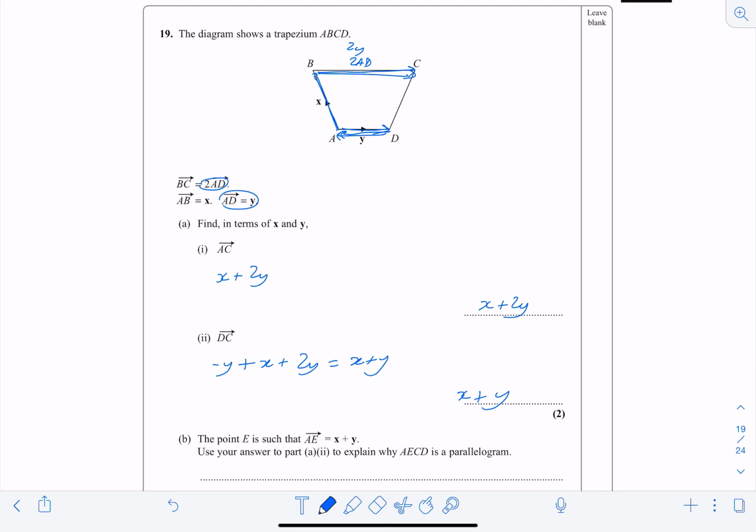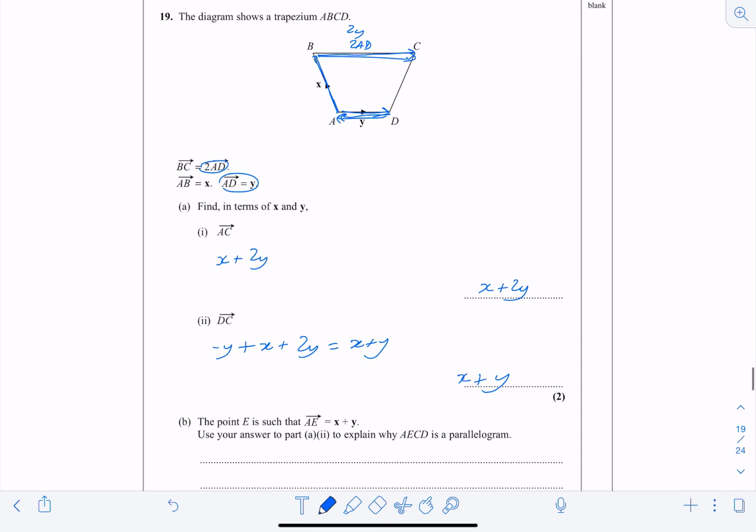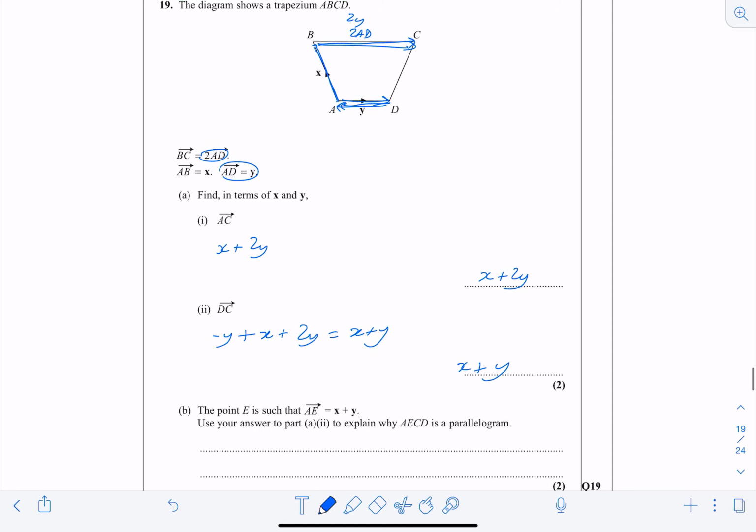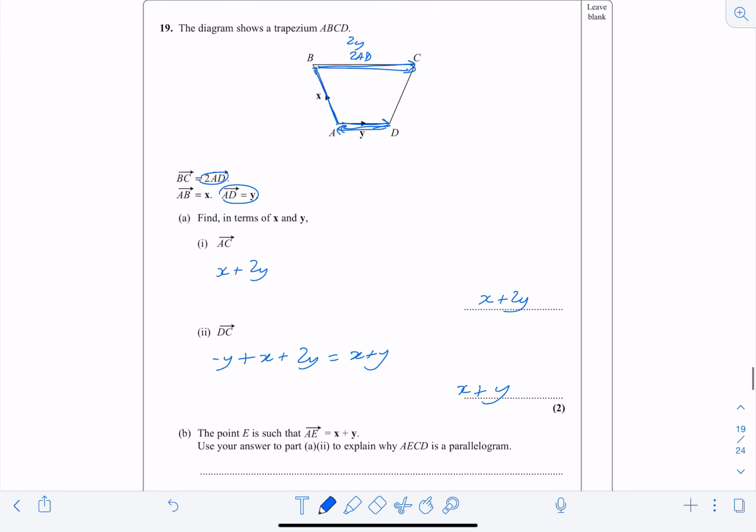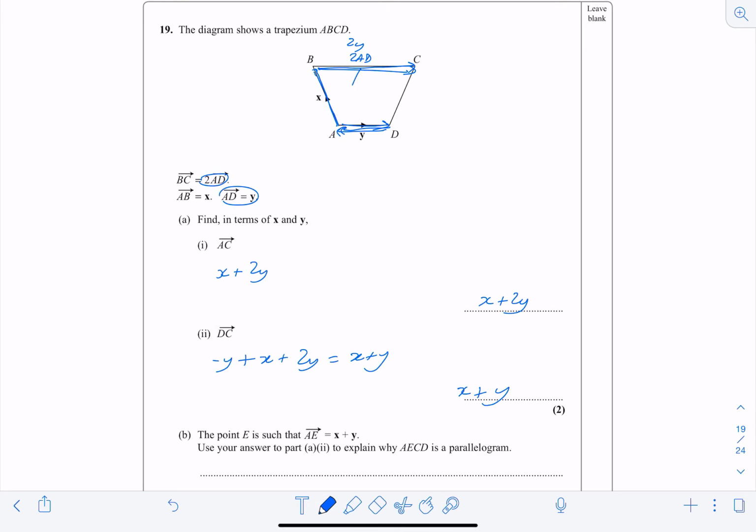I missed something out. Use your answer to part a to explain why AECD is a parallelogram. Oh, AE, I see. So I was looking at DC. AE equals x plus y, so E is going to be there.